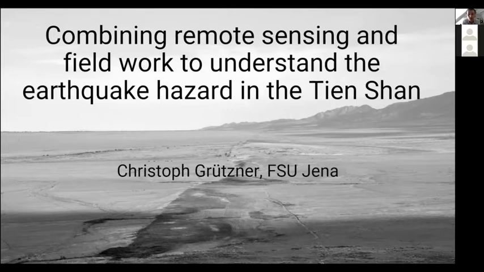And the second topic I'd like to bring across is how many faults out there in the Tian Shan have to be evaluated and analyzed in order to get the overall tectonic picture right. So I will talk about combining remote sensing and fieldwork to understand what's going on with the earthquake hazard in the Tian Shan. I'll try to stick to 45 minutes and we'll see.